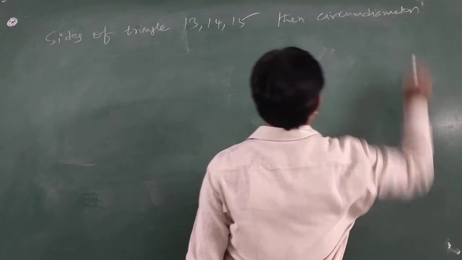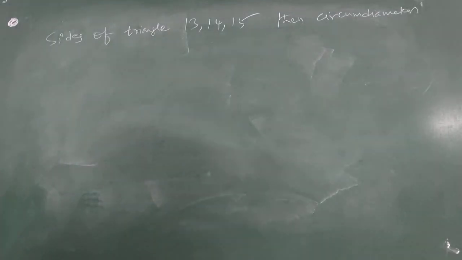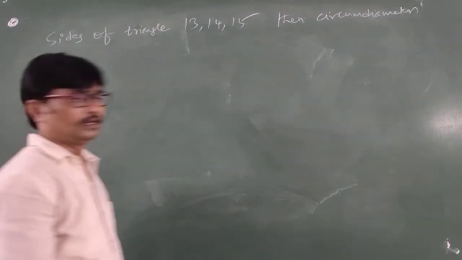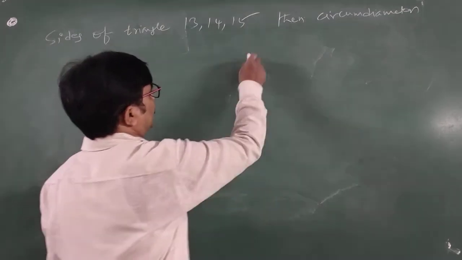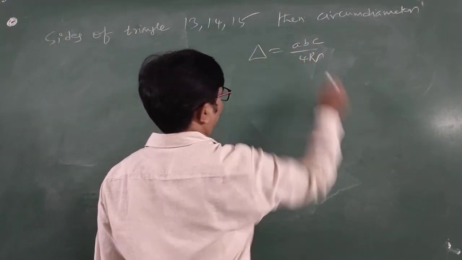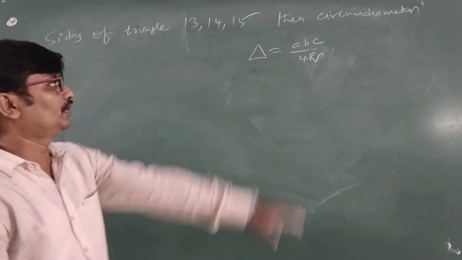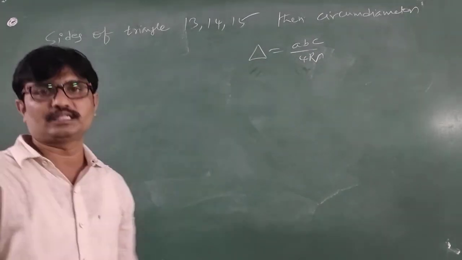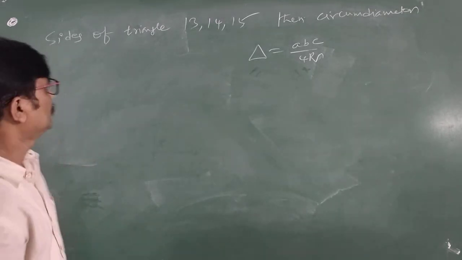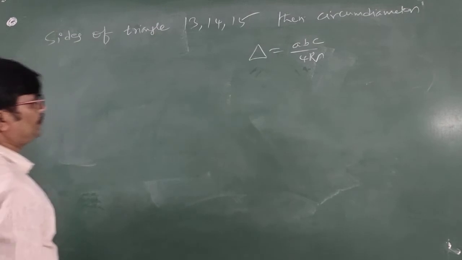Dear students, we have to know that delta is equal to abc by 4R. When you know delta, undoubtedly we get the circumdiameter, which is 2R. So students, a is 13, b is 14, c is 15.